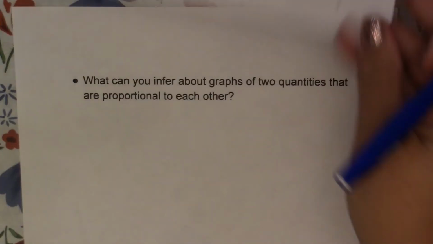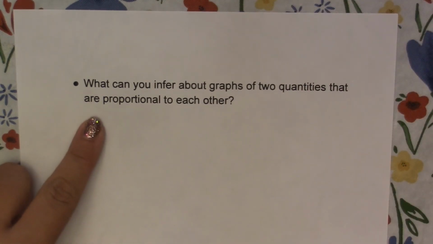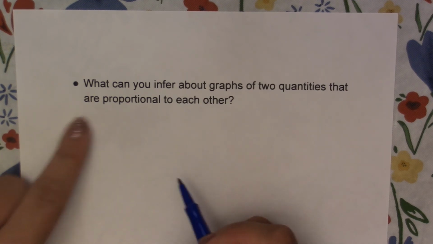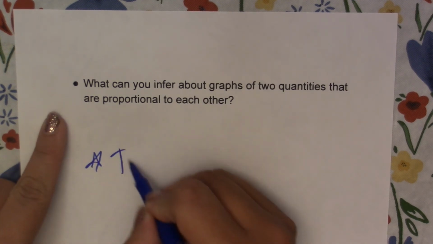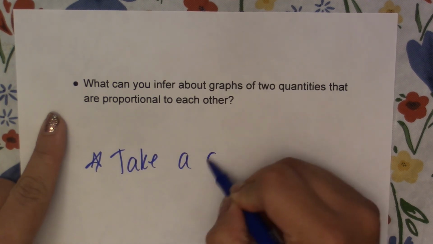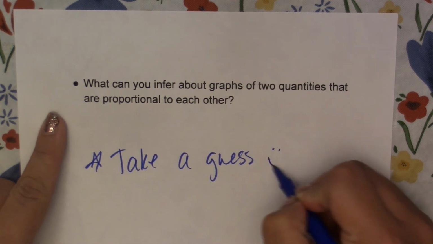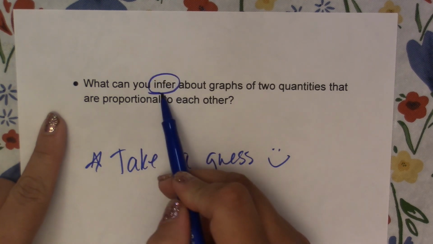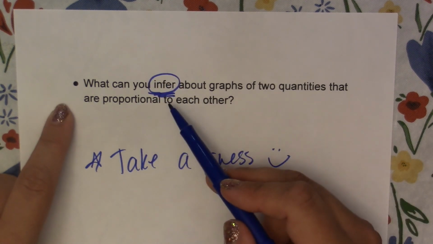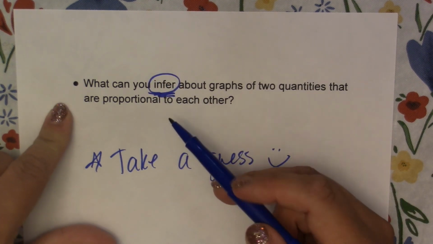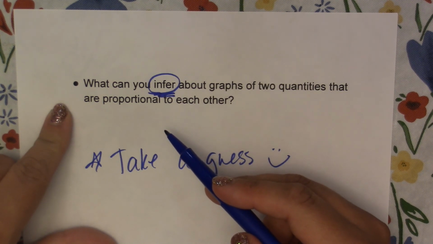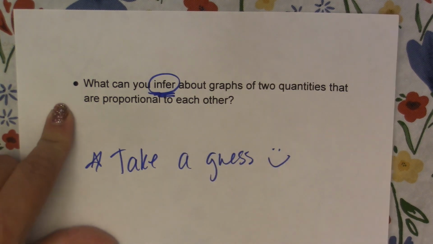Okay. And what can you infer about graphs of two quantities that are proportional to each other? So this is one that I want you to take a minute and take a guess. We're going to go over these answers. Now, when we talk about the word infer, it's what can you guess, or based on what you've seen, what are some rules that you could say a graph would have to follow in order for the relationship to be proportional?